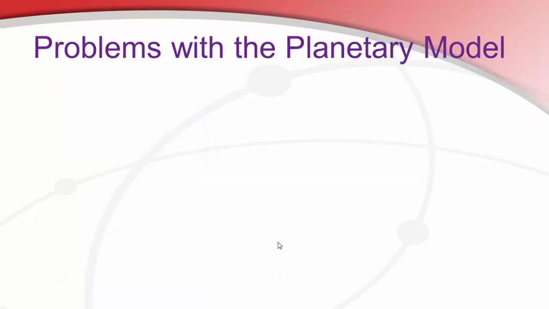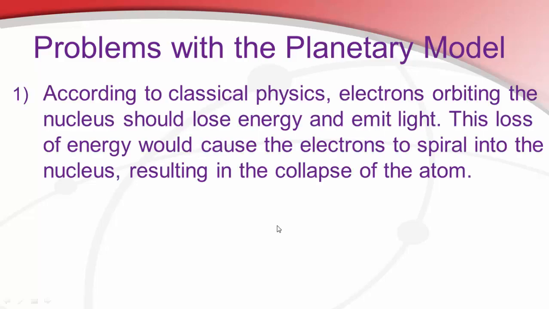Okay, the planetary model, as I mentioned a few seconds ago, had some problems. And the problems had to do with this orbiting process. A satellite doesn't have a charge, and it orbits the Earth for a very long time, almost indefinitely. Satellites can orbit the Earth. In fact, the moon does, right? However, electrons have a charge.